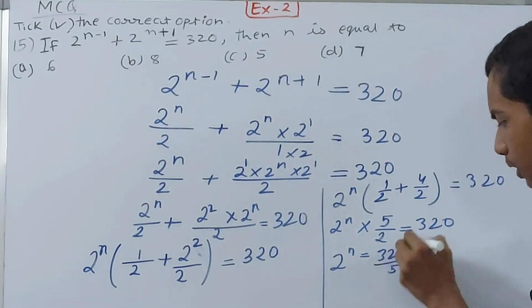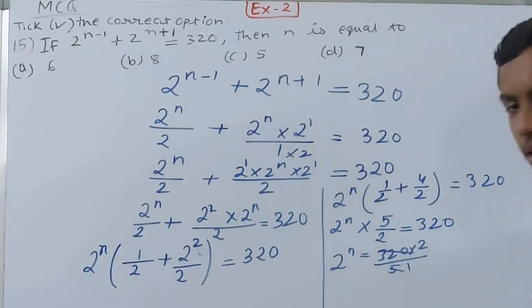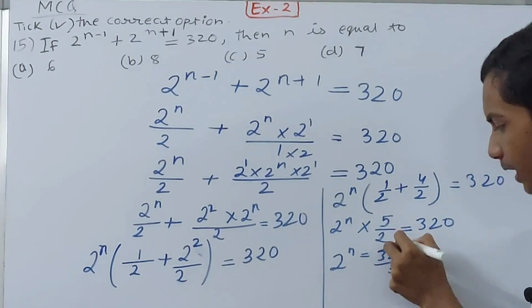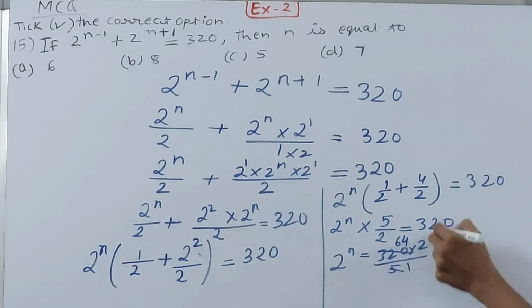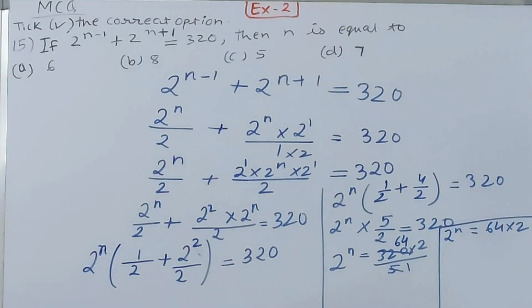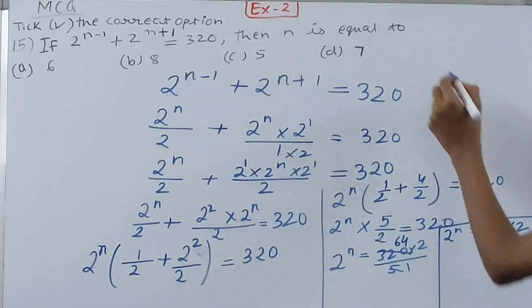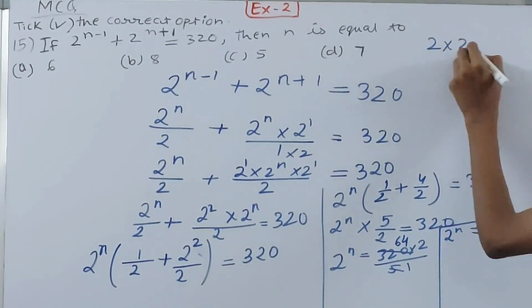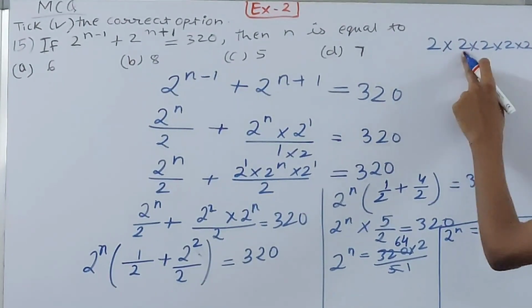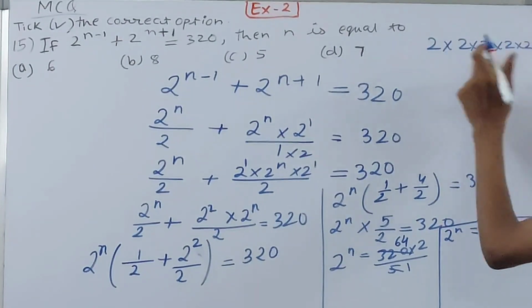So have a look, 5 and 320 will cancel each other, right? So 5 and 320, how many times? 5 times 64 is 320. So see here, 2 to power n is equal to 64 into 2, and 64 I can write as 2 into 2 into 2 into 2 into 2 into 2: 2 into 2, 4 into 2, 8 into 2, 16 into 2, 32.